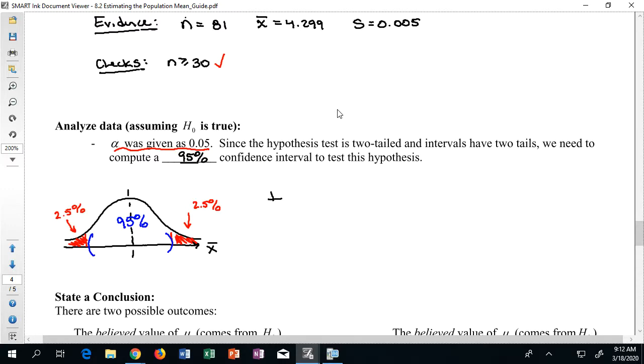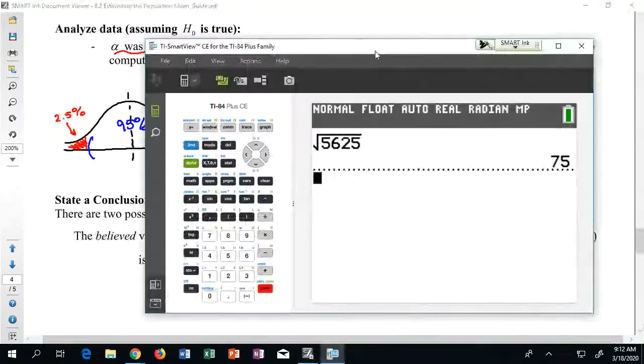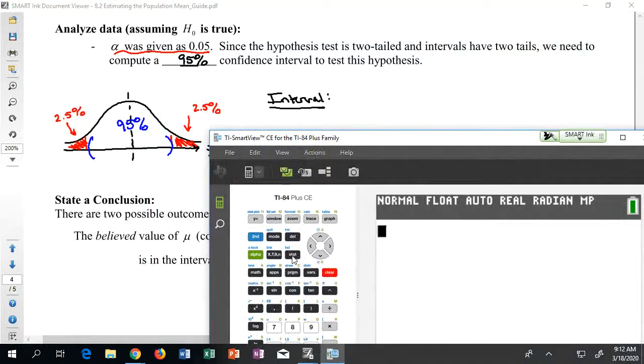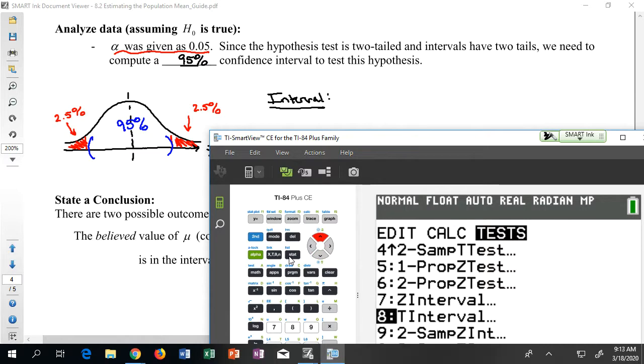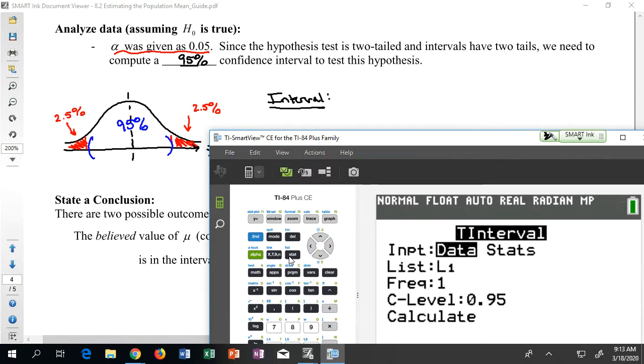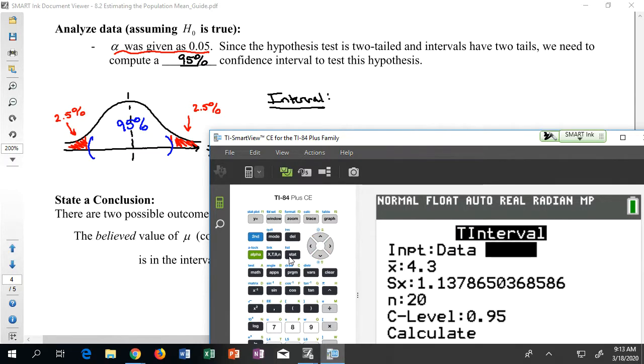So now I could go to my calculator and I could actually build the interval. Let's see what we come up with. Go to my calculator. I'm going to click on Stat. I'm going to go to Tests. I want to create, again, an interval. Interested in doing a t-test. I want to create the interval here to answer the question. I kind of have stats listed out.